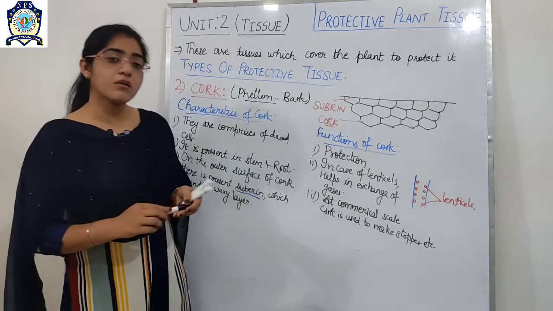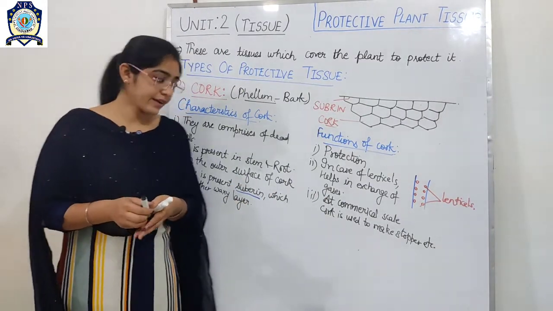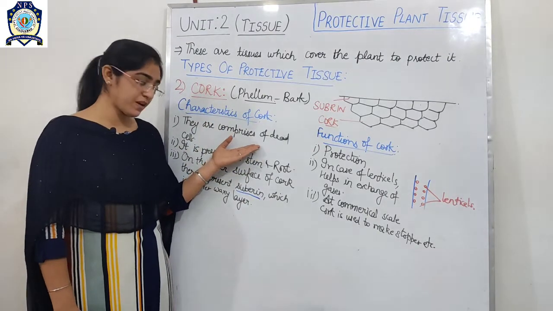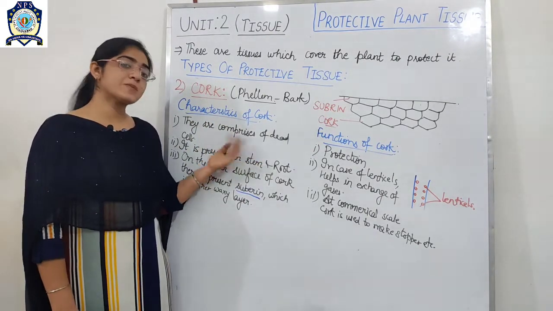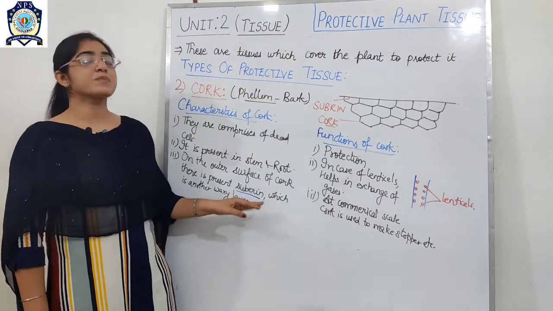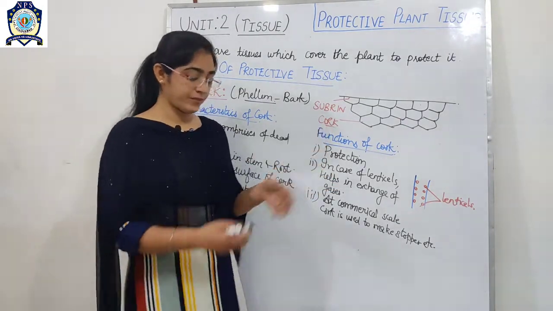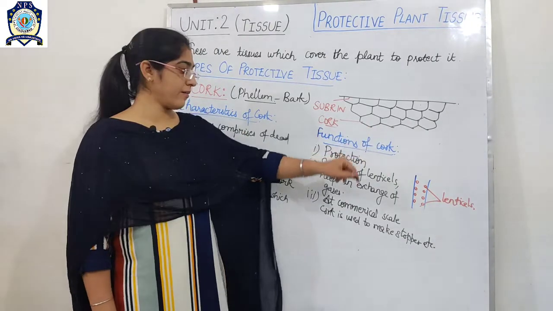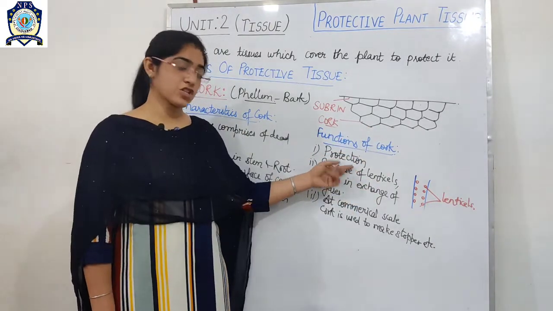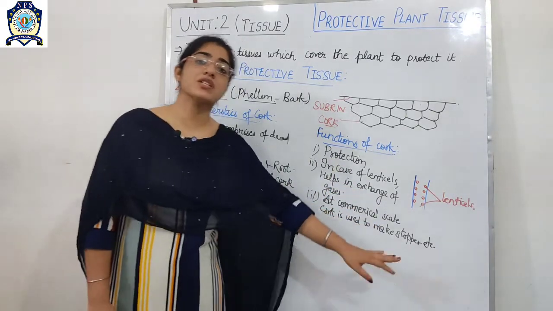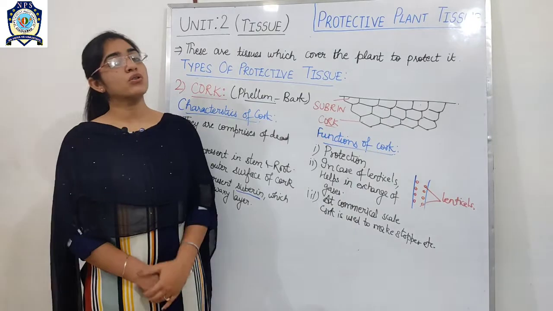So this is all about the cork. Cork is another protective plant tissue. It is present in stem and root. On the outer surface there is the suberin layer. As I have told you, the diagram and functions: protection, help in the exchange of gases, and at commercial scale it is also used.